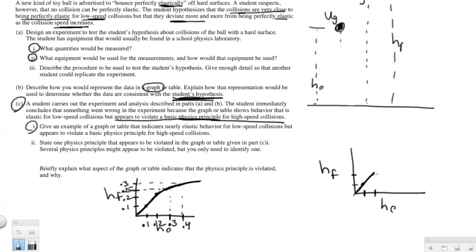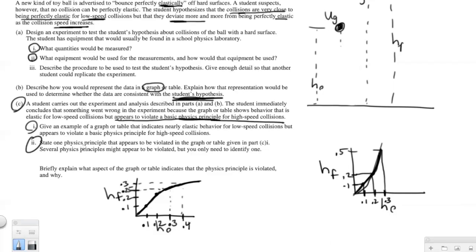Now, what would violate the laws of physics is if we go to this height, and then all of a sudden the graph starts going up dramatically. We drop it from 0.1, that led to 0.1; 0.2 led to 0.2; then all of a sudden we drop it from 0.3, and it's going to like 0.5. What the heck? Where did that other energy come from? This would violate a law of physics.